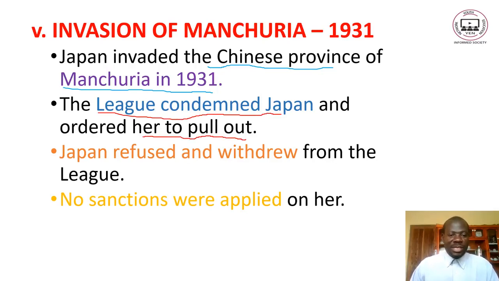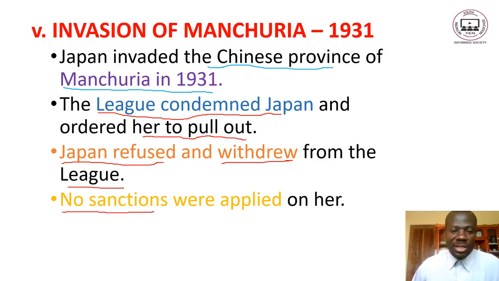Then Japan refused to pull out. She did not only refuse to pull out, but she also withdrew from the League. The League could not impose any sanctions on Japan. So that is again another registered failure of the League of Nations.